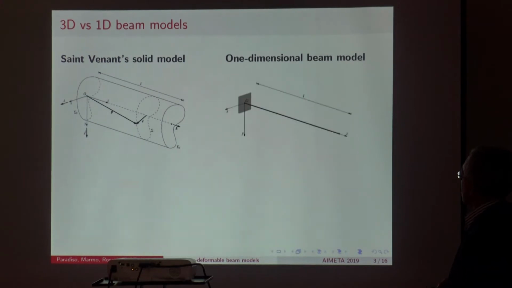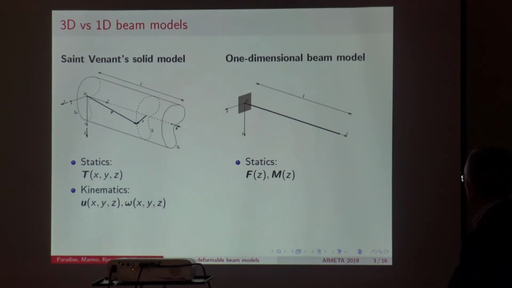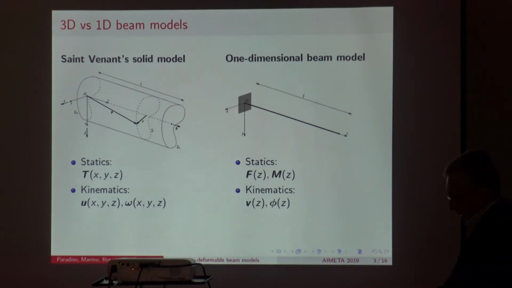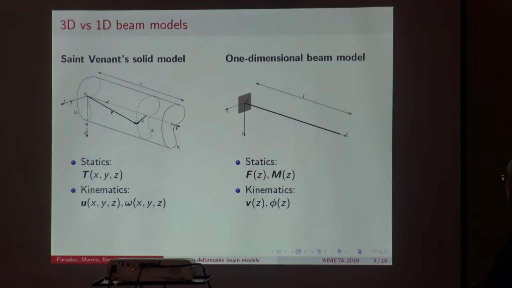Okay. This is the well-known Saint-Venant model, and the one-dimensional beam model. You have the statical quantities, stress tensor, the internal forces, the kinematic quantities of the two models, the displacement field and the warping function, and the v function and the phi, so the deflection and the rotation of the beam axis in the 1D model.